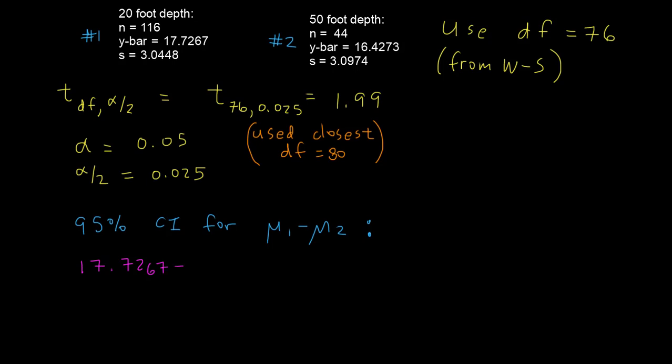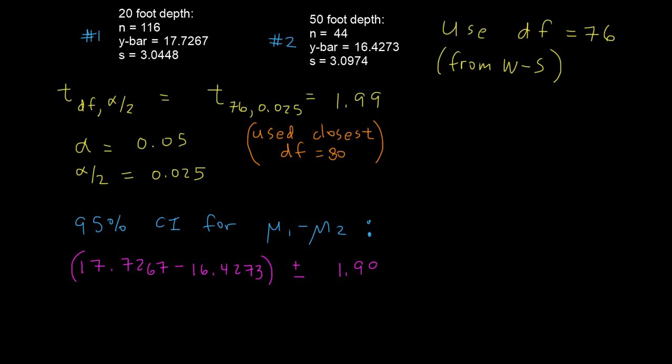The sample mean from the second sample, 16.4273. I'll go ahead and put those in parentheses. I just think that's nice. So that's our point estimate for the difference in population means based on sample means.